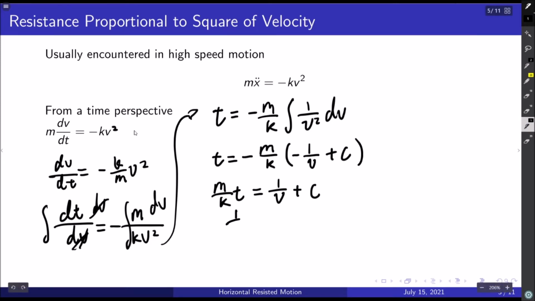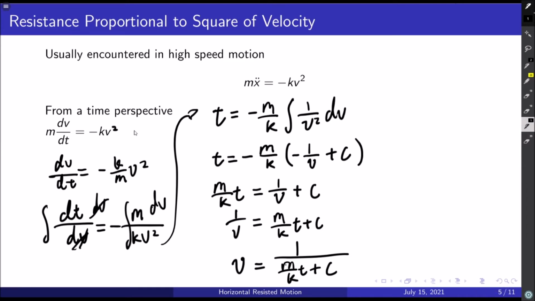Which means 1 over v equals m over k t plus c, because c is a constant. We can just absorb negatives into it very easily. And of course, we have to get v itself, so v equals 1 over m over k t plus c.